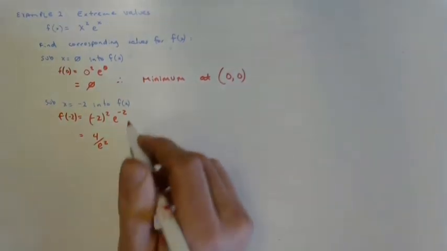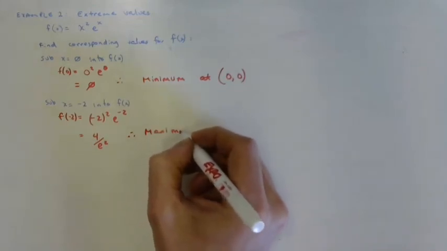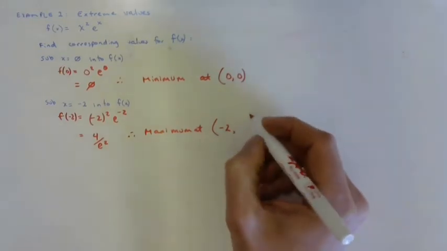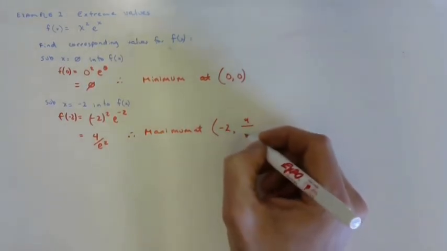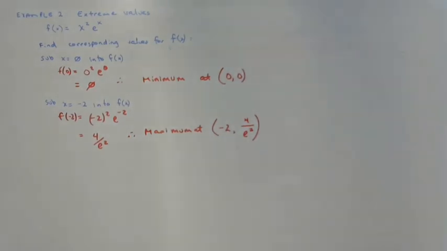That's an exact value. Good. Therefore, maximum at the point -2, 4 over e squared. And yeah, we could get a pretty good sketch of the function at this point as well, if we needed to.